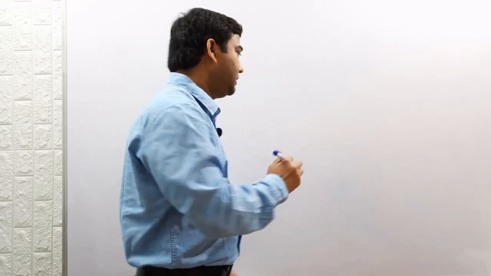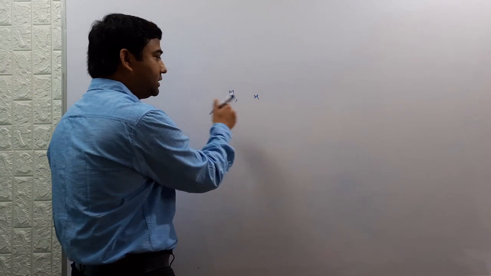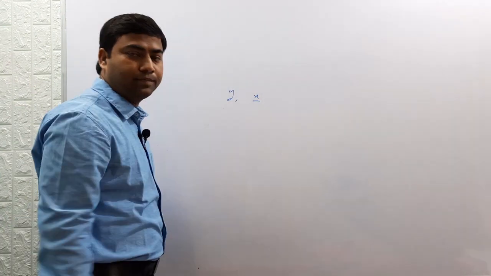So these were about functions. Functions are rules by which a dependent variable is related with an independent variable. Here y is called the dependent variable and x, which we have discussed, is called the independent variable.